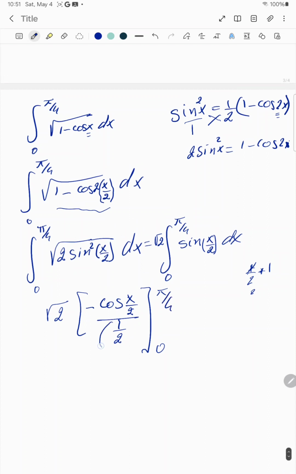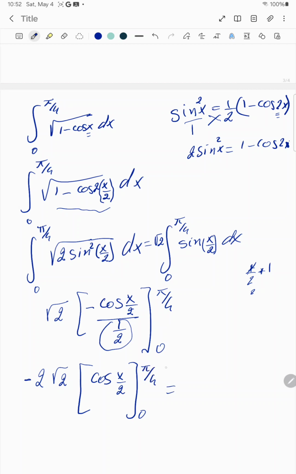Now let's take this outside my parentheses. I have square root of 2 divided by 1 over 2. It becomes 2 square root of 2 times, I will take the minus outside my parentheses, cosine of x divided by 2 between 0 and pi over 4. And at the first I replace x by pi divided by 4.